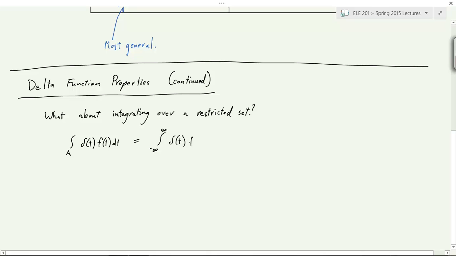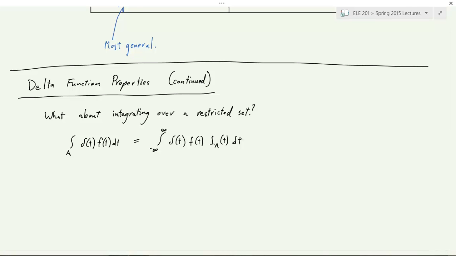So we would have this, and then we would have an indicator function on the set A. That means this is a 1 if and only if t is in A. It's a 0 otherwise. Okay, so you can see these are the same thing. That's one way of taking any integral and making it an integral from negative infinity to infinity. Just bring this indicator function in. Okay, so now we already have a rule for how to do this integral.